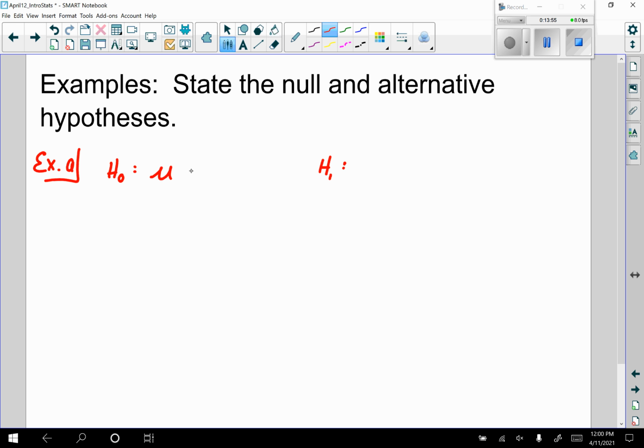All right, so hopefully you had the mu is always going to equal the specific value, in this case is 8.6 for the null hypothesis. Alternative, because we're looking at increasing this value, this would be a right-tailed test, and mu would be greater than 8.6. Go ahead and read example B.